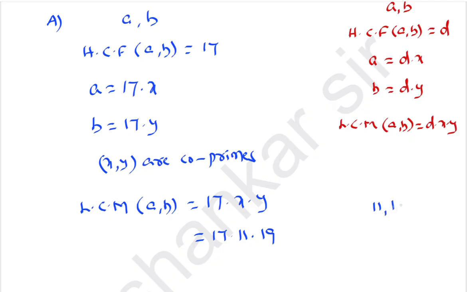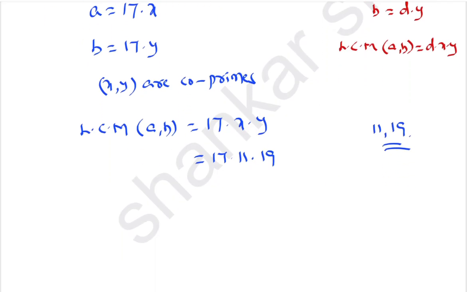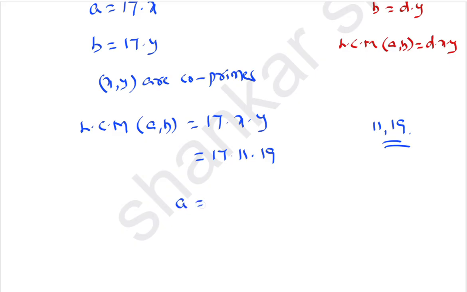So 11, 19 are the other two factors in the LCM. Therefore we can take a as 17 into 11, and b as 17 into 19. Out of these two, 17 into 11 will be the least.